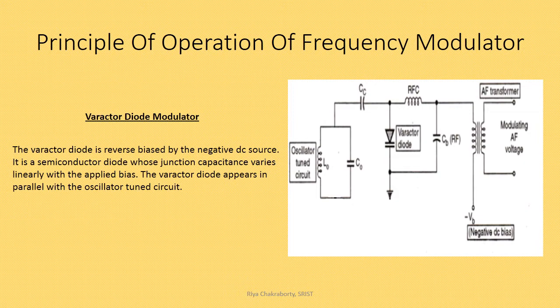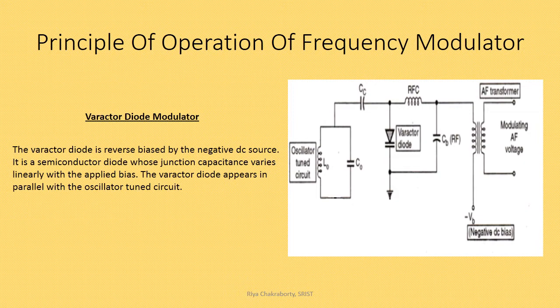The varactor diode appears in parallel with the oscillator tuned circuit. Hence, the oscillator frequency will change with change in varactor diode capacitance and an FM wave is produced.